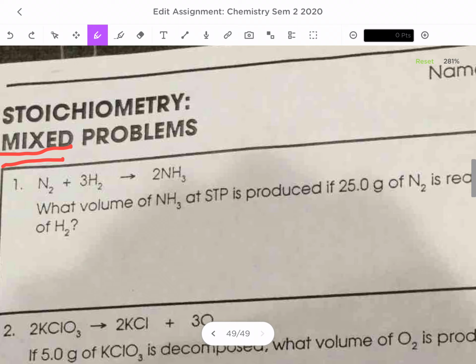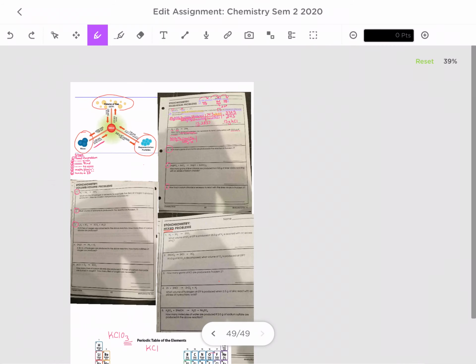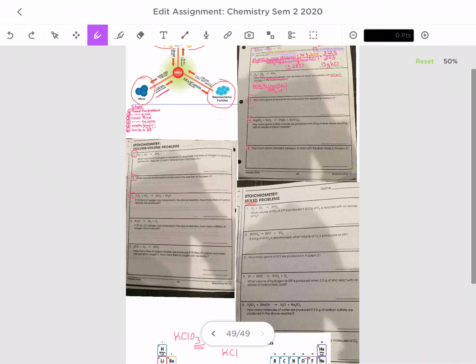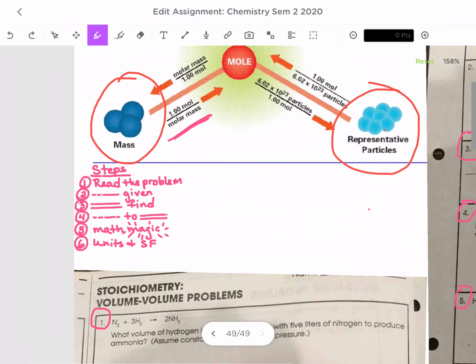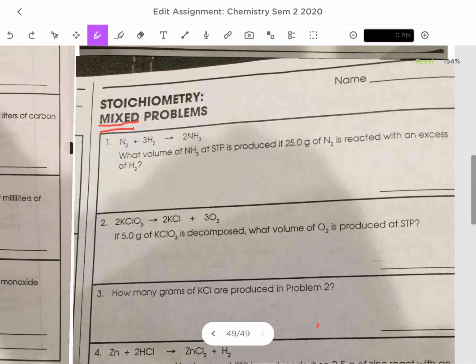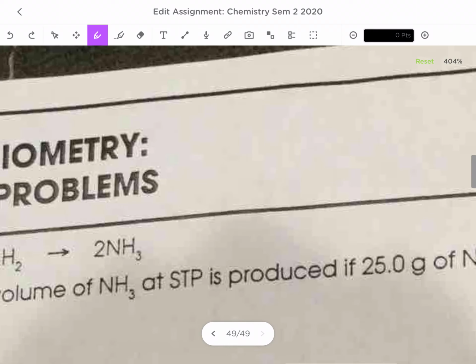Okay, so for all of these problems, you are going to still use the steps that I think are not on this slide. Oh, that's no good. Oh yeah, there's your steps. Okay, you're still going to use these steps, but your general pathway is the given.